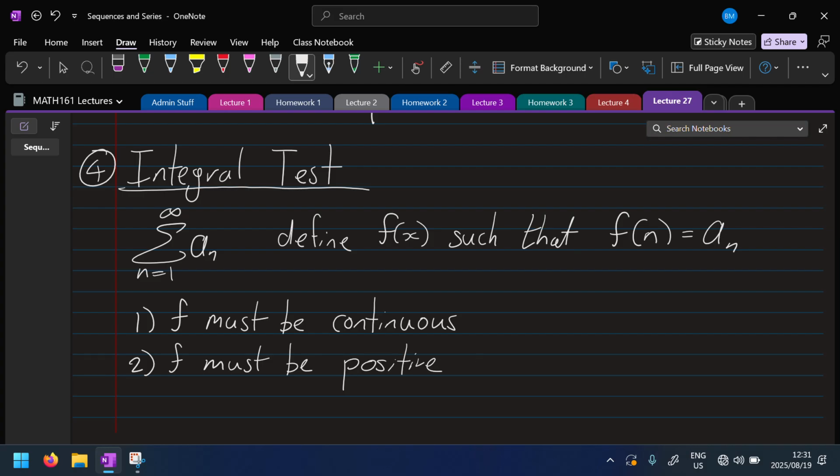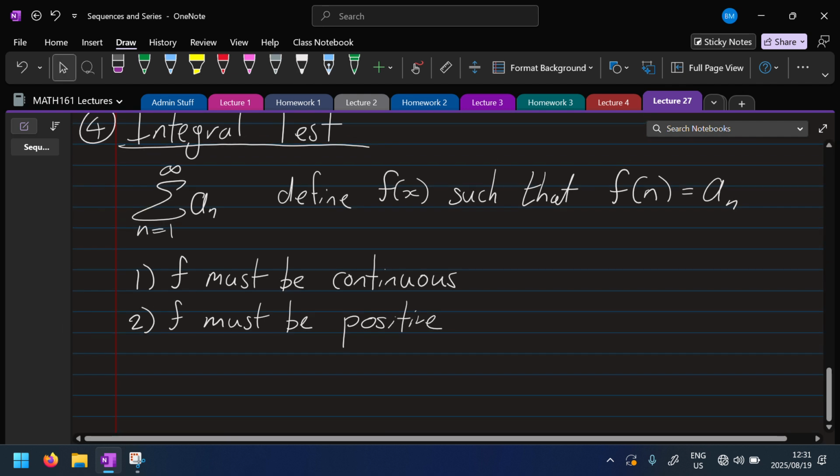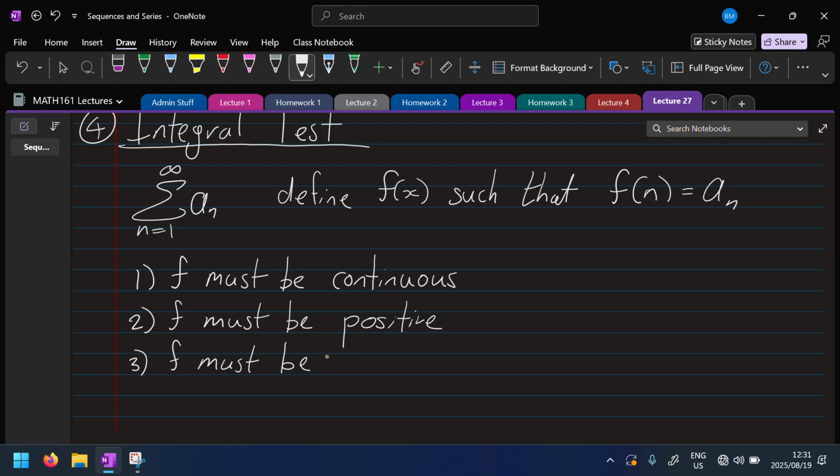If f is sometimes negative, sometimes positive, you cannot use this test. It must always be positive. And number 3, f must be decreasing. Not sometimes increasing, sometimes decreasing, always decreasing.